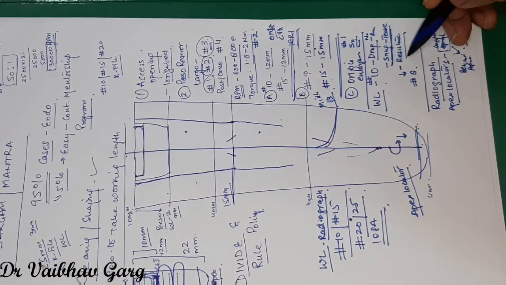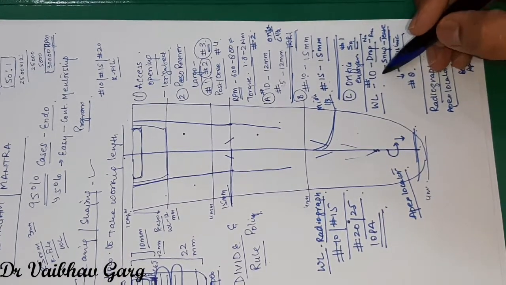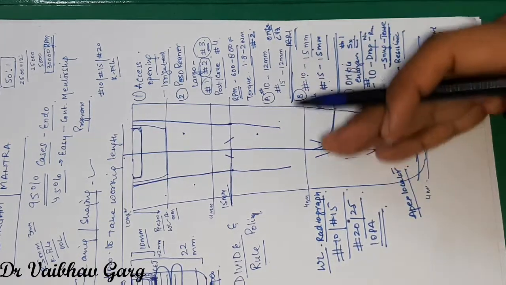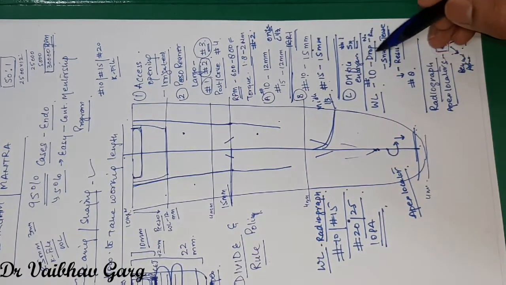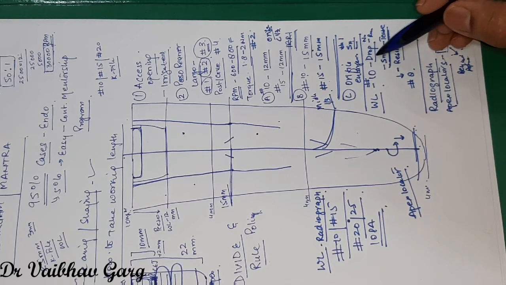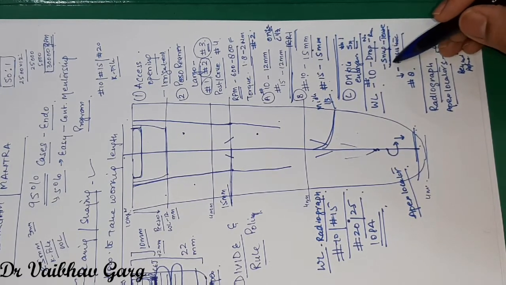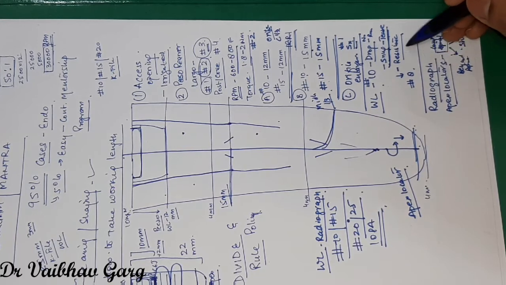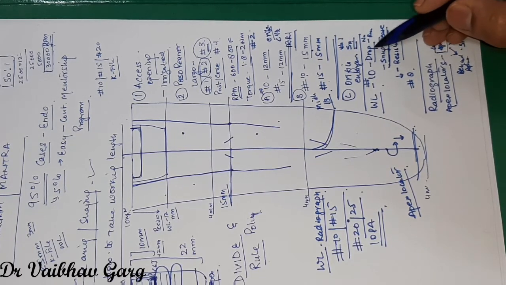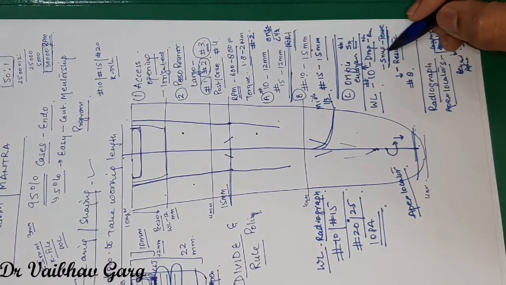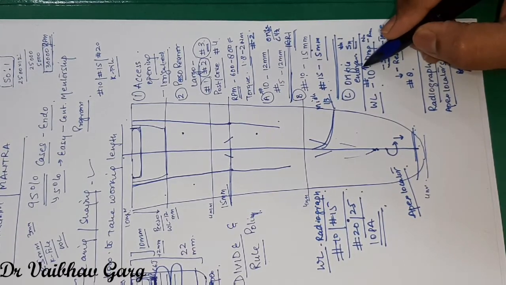Now you have to take a working length with a 10 number file or a 15 number file or a 20 or 25 according to the size of the canal. You will get only 3 points. Either you will get no resistance, it might snugly fit, or it will give a lot of resistance. So if there is no drop, move to a higher file or a bigger file. If there is no resistance, move to a higher file.